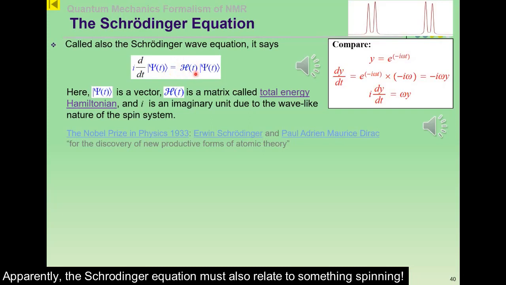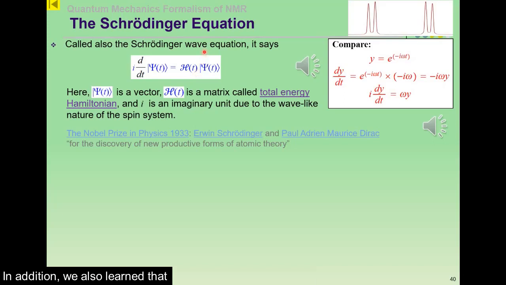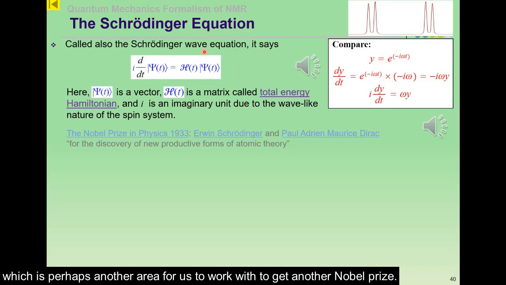Apparently, the Schrödinger equation must also relate to something spinning. That is why it is also called Schrödinger wave equation. In addition, we also learned that Schrödinger equation has nothing to do with the decaying factor, which is perhaps another area for us to work with to get another Nobel Prize.